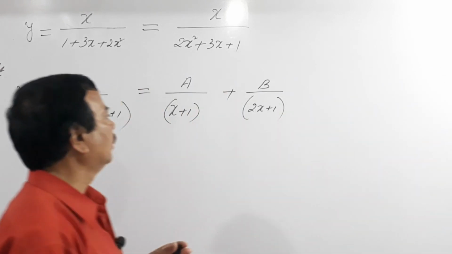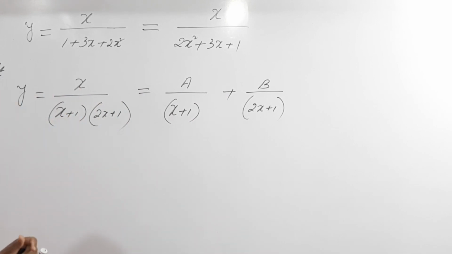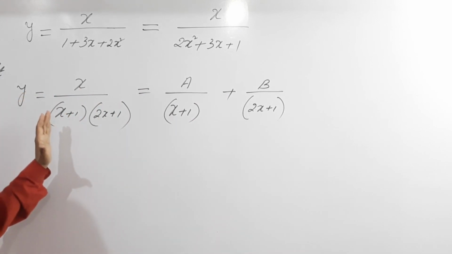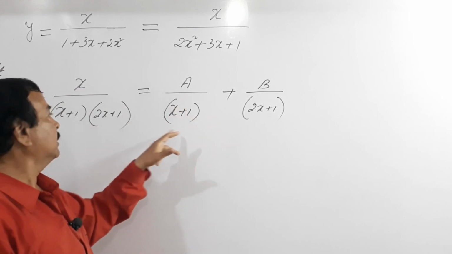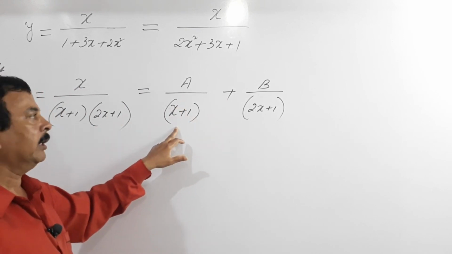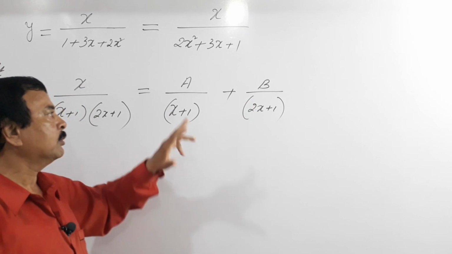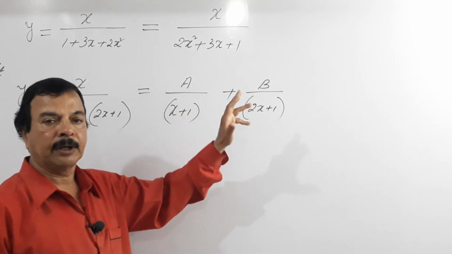What I have done on the right hand side is assumed A by x plus 1 plus B by 2x plus 1. Now we are supposed to find the values of A and B.